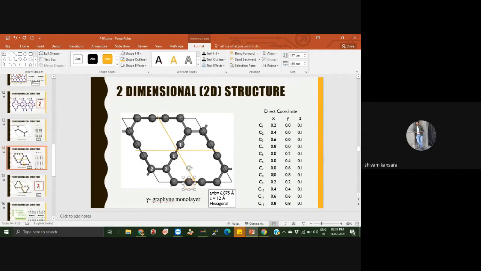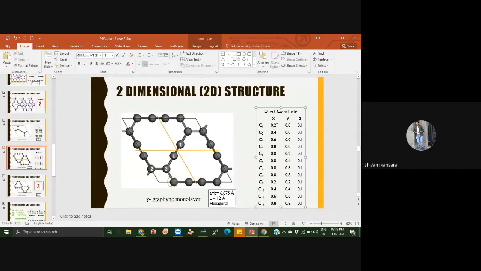So in the x direction I have taken 0.2, 0.4, 0.6 and 0.8.